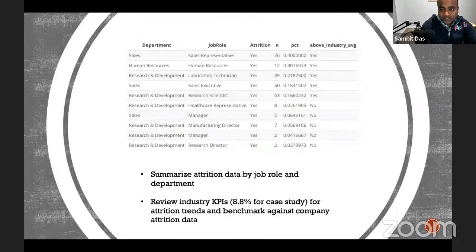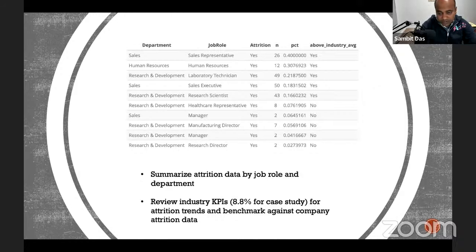Now, when we do attrition basic analytics, I also wanted to understand what is the percentage of attrition by department and by job role. And also I want to identify if it is above industry average or not. So for that, please keep in mind, this is all test data.